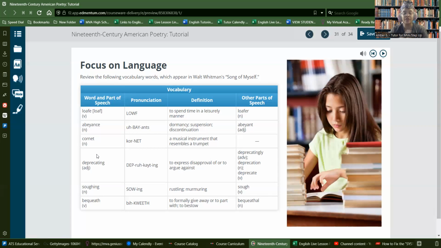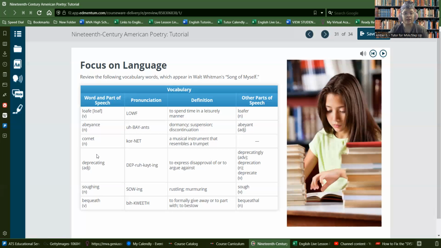Just as a very quick overview, verbs are action words. When you run, when you jump, when you climb, those are verbs. A noun is a person, place, thing, or idea. So if you were to say, I am going to the store, I is referring to a person, it is a noun. The store is referring to a place, it is a noun.